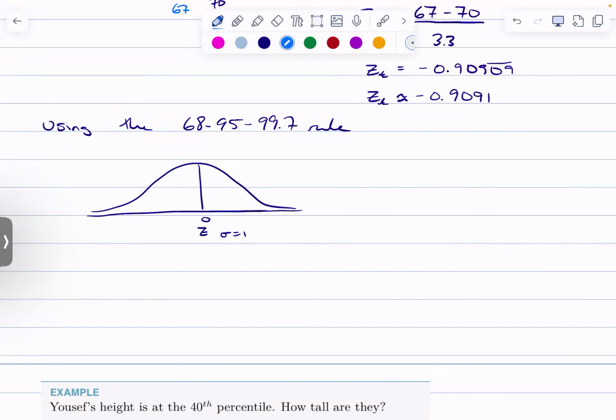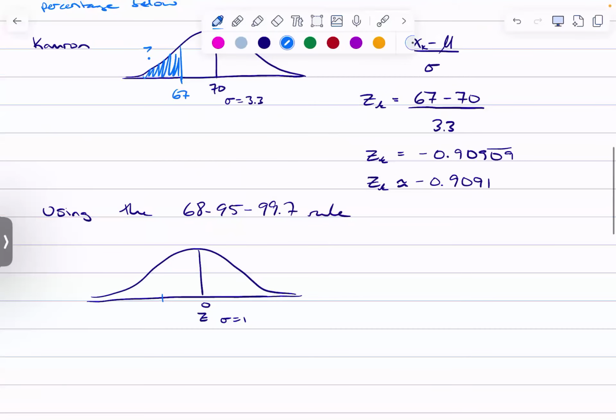We found that our score of 67, or our height of 67 inches, put us at a Z of negative 0.9091. That's somewhere between 0 and 1 standard deviation below the mean.